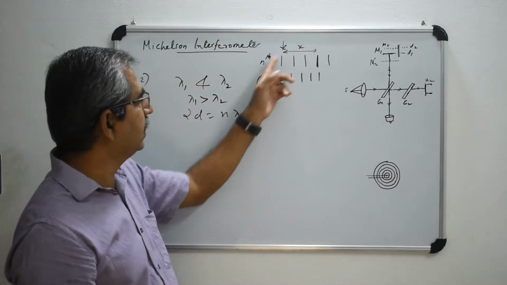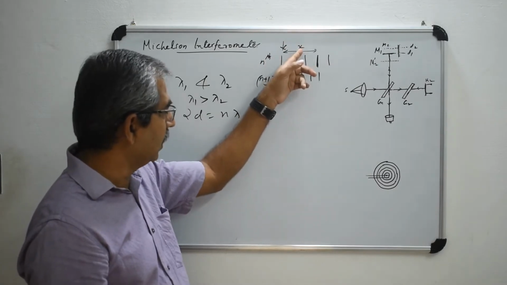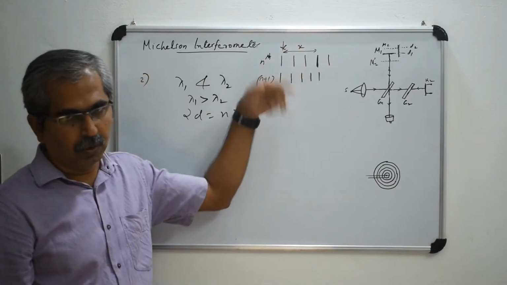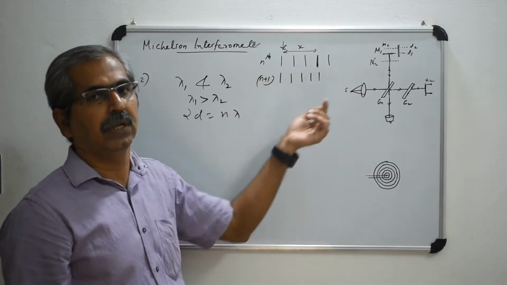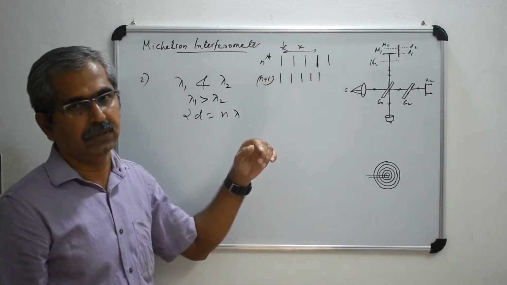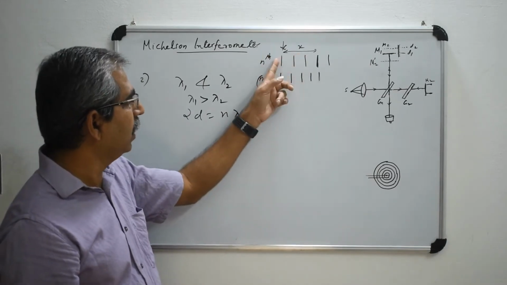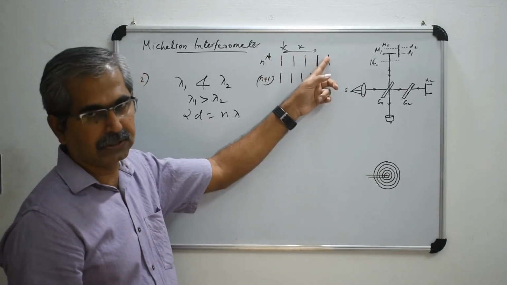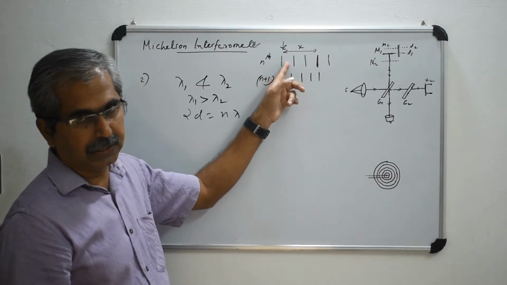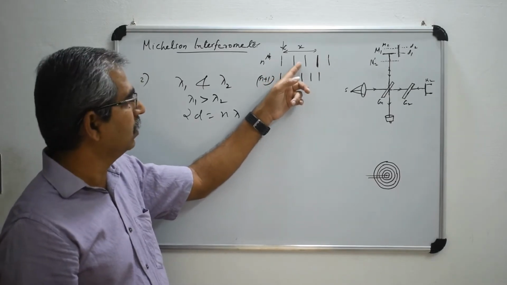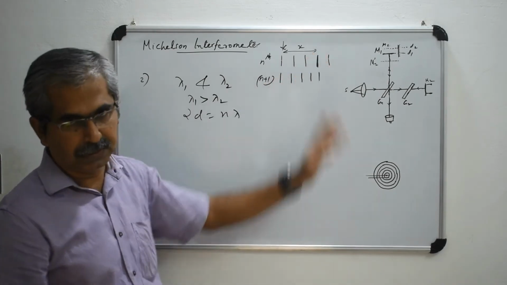That means the nth ring of the first wavelength lambda 1 coincides with the n plus 1 ring of the second wavelength. So that will happen only after traveling through a distance x, because this is the first one, second one, corresponding to a path difference of lambda. So again another path difference, and so on.